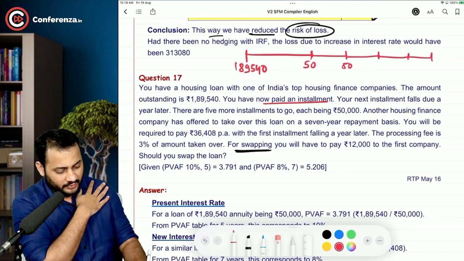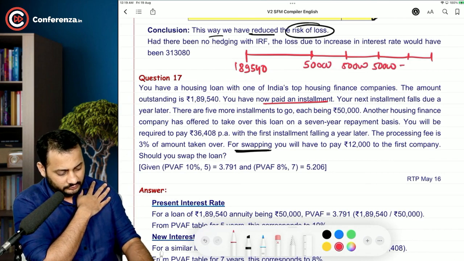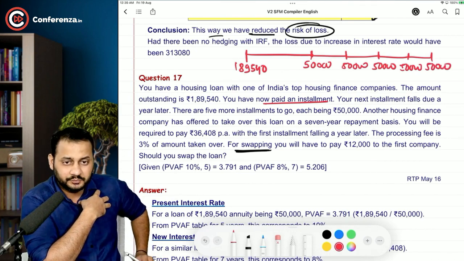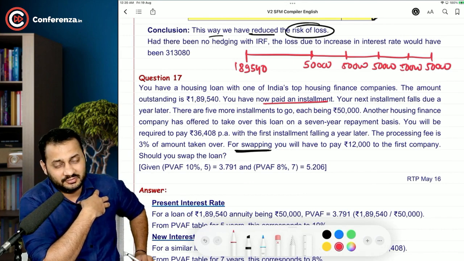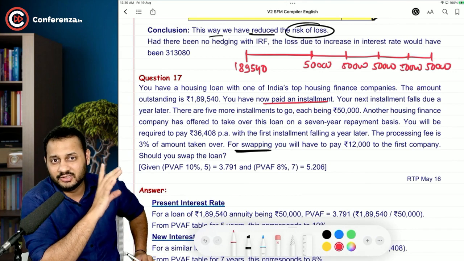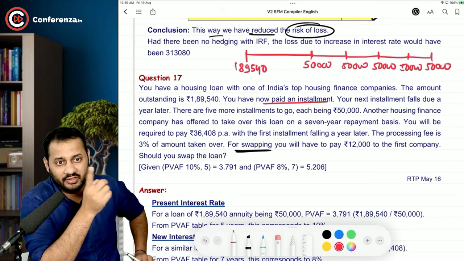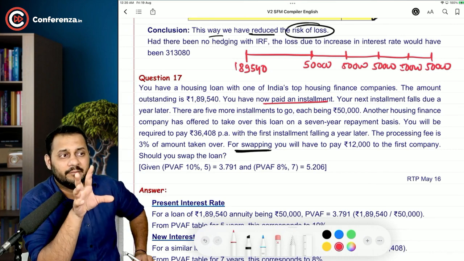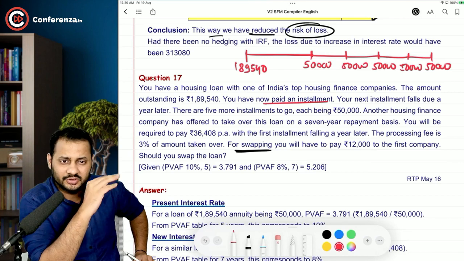Every installment will be of 50,000. Okay. Now, can we calculate the interest rate? Yes, sir, it is possible. Since 189,540 is the total principal outstanding and 50,000 is the annuity, we can easily calculate the interest rate by interpolation or IRR method. Let's go ahead.